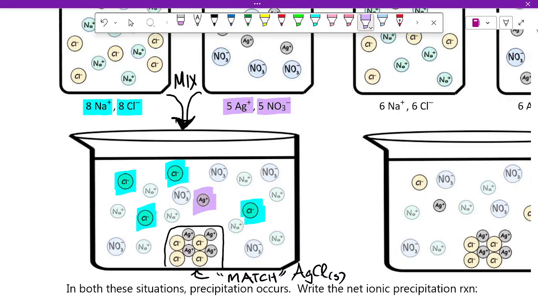So we have 4 Cl minus left over, and we have 1 Ag plus left over. And before you say, hey, shouldn't the silver be all used up? Remember that we do have a tiny amount dissolved because it's low solubility, not insoluble. Okay? This is really just here because we're low solubility.